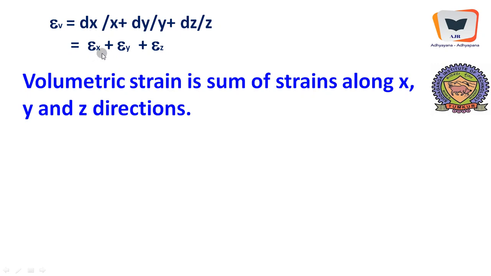It is the net result because in other directions there are stresses acting, and they will contribute to the increase or decrease in the strain depending upon the nature of the stress. Therefore there is always a Poisson's effect. So we will redefine this expression as: volumetric strain is net strain along x, plus or minus net strain along y, plus or minus net strain along z.